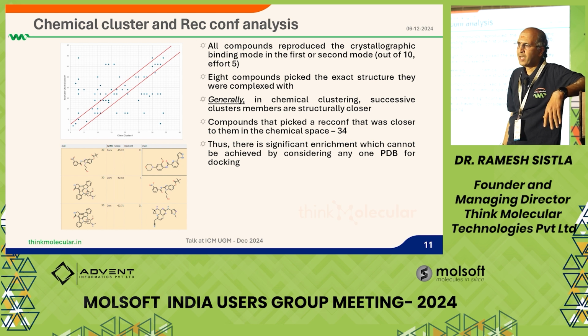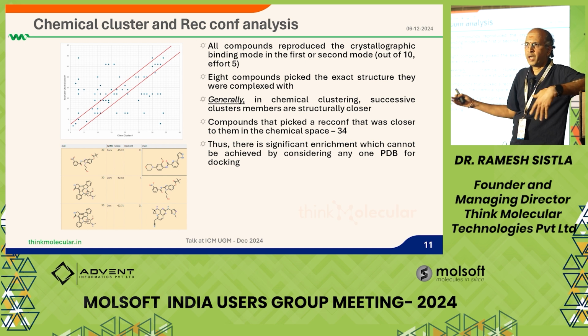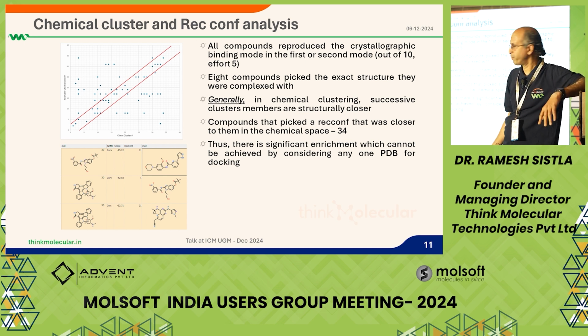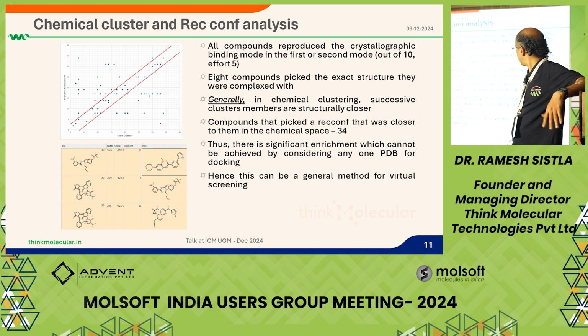So extrapolate it to a virtual screening scenario where you are trying to get virtual hits for your compound. It is that much more likely to improve your hit rate. Therefore, my proposal is that this can be a general method for virtual screening.